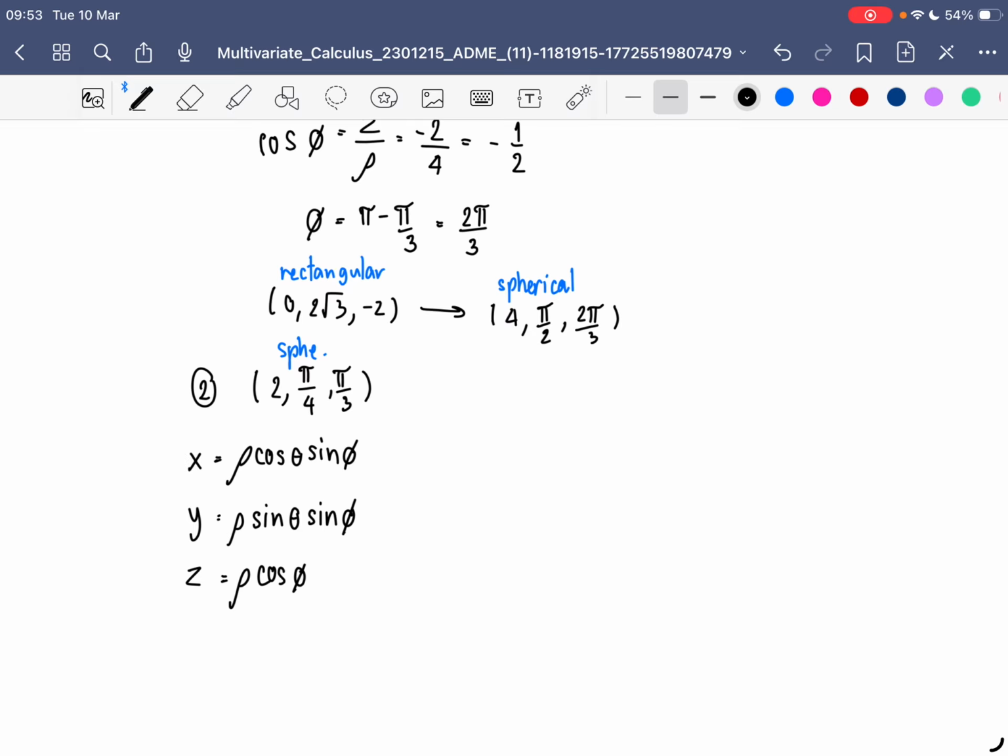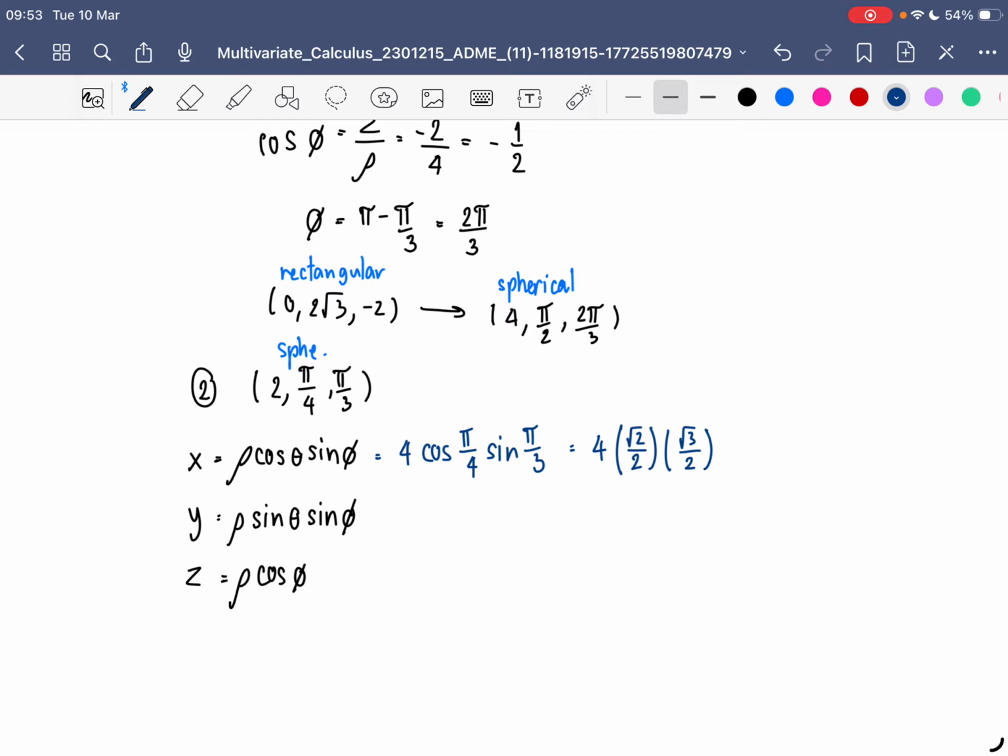I think I prefer writing this way because it will align with rho, theta, phi, not to confuse with the swap. So it's 4 cos pi over 4 sine pi over 3. So 4 square root 2 over 2, and sine pi over 3 is square root 3 over 2.